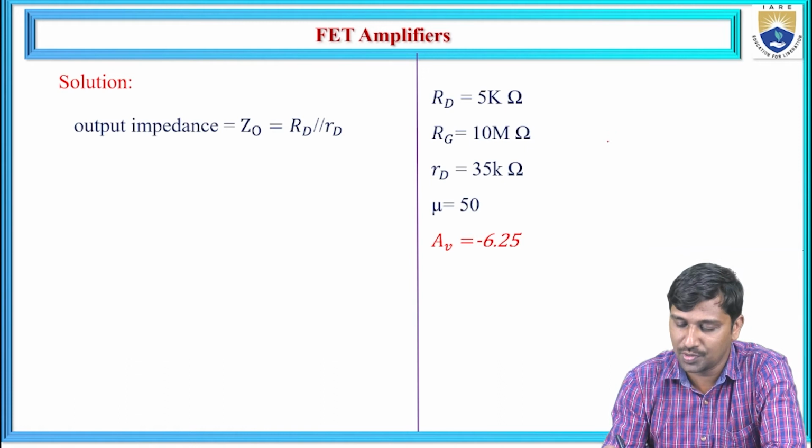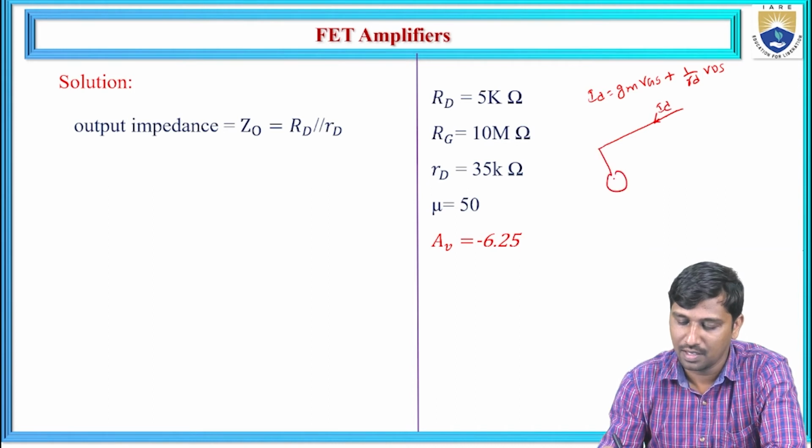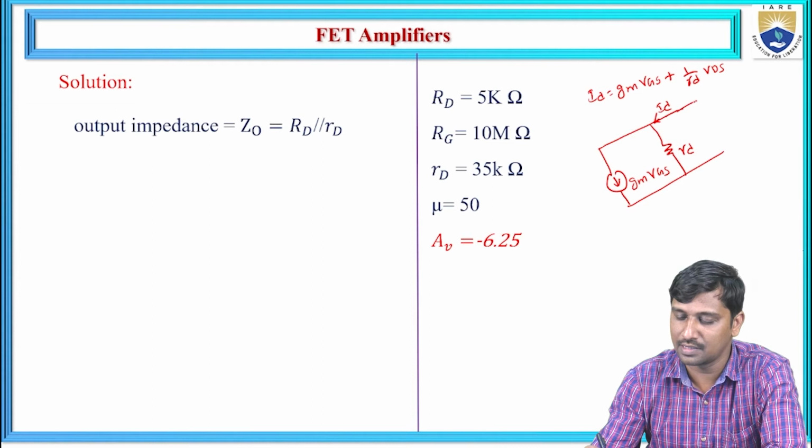If you observe the circuit at the output side from the small signal model, we know this mathematical relation: ID is equal to Gm into VGS plus 1 by rd into VDS. Let us take the drain current flowing, and this current source Gm into VGS plus 1 by rd into VDS.